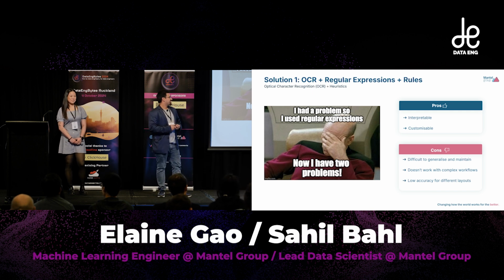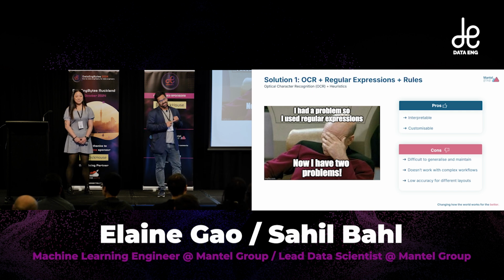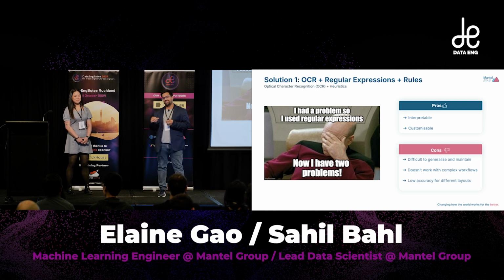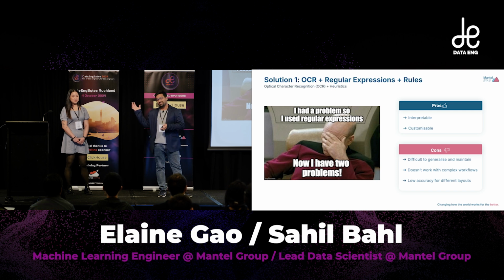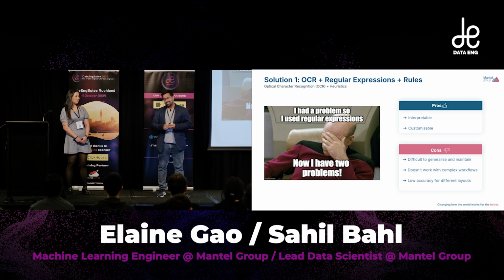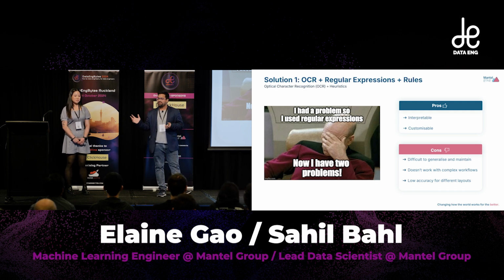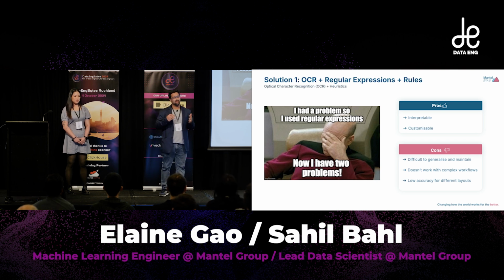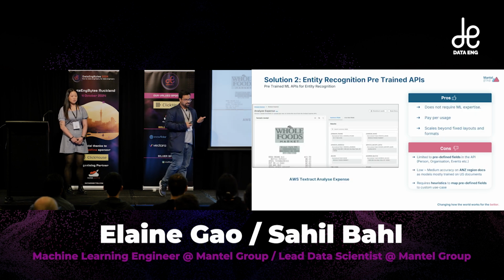So the problem with regular expressions is they're difficult to generalize and maintain. You always come back with someone in the team being like, oh, it's not working. I need to add this additional scenario as well. So it doesn't really scale with complex workflows, it's difficult to generalize, and also has low accuracy for different types of documents. So what's the next part?